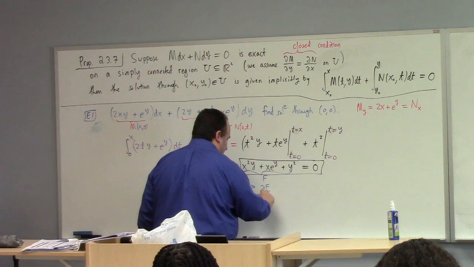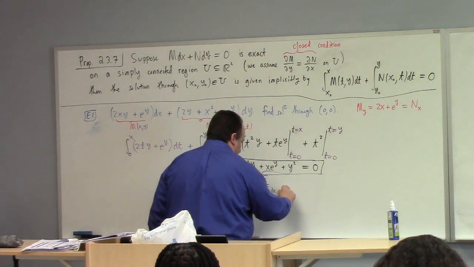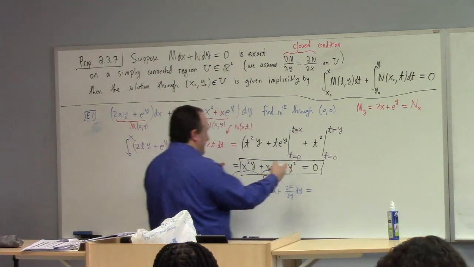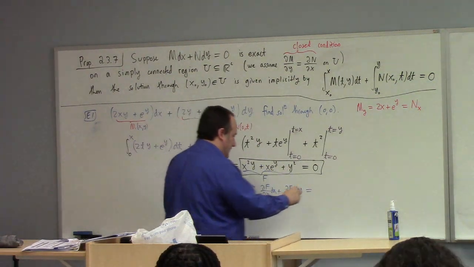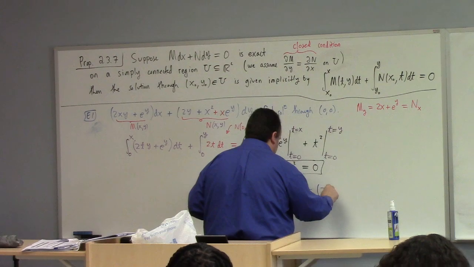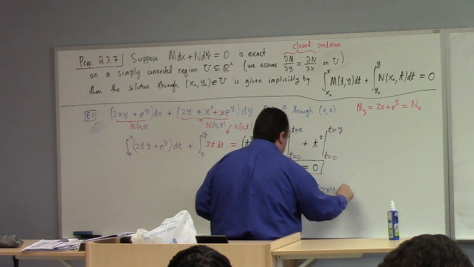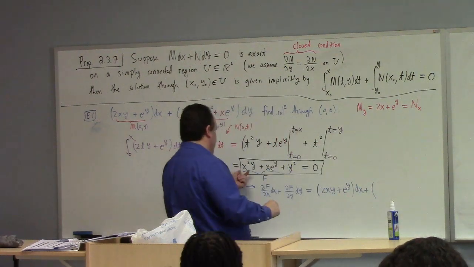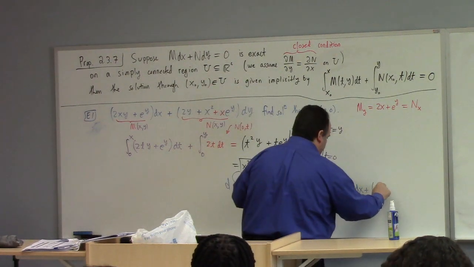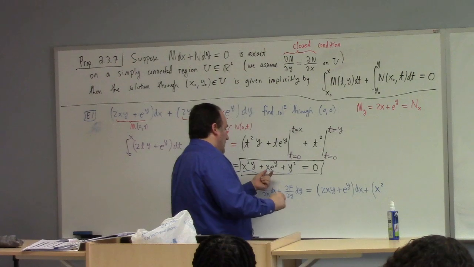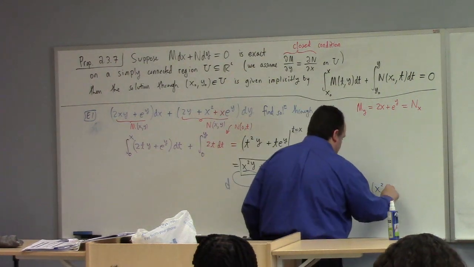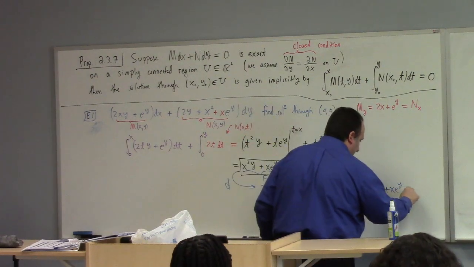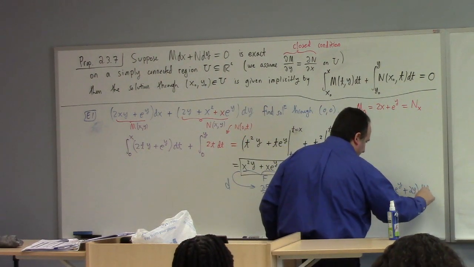So I'm doing partial f partial x dx plus partial f partial y dy. That's the total differential. For this particular choice of f, that gives me 2xy plus e to the y dx plus partial, x squared plus x e to the y plus 2y dy, right?